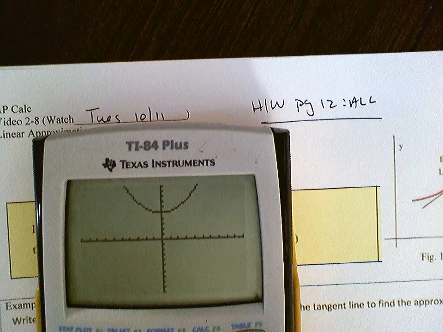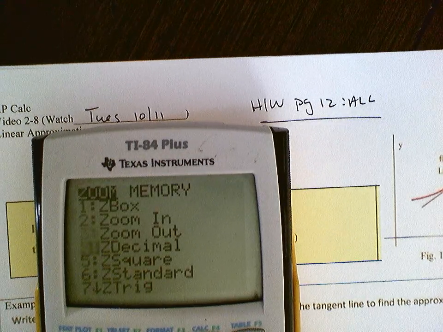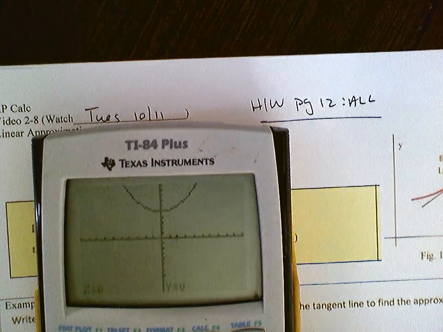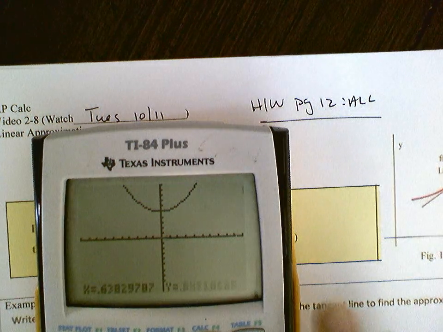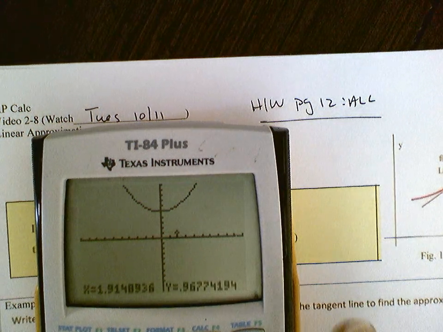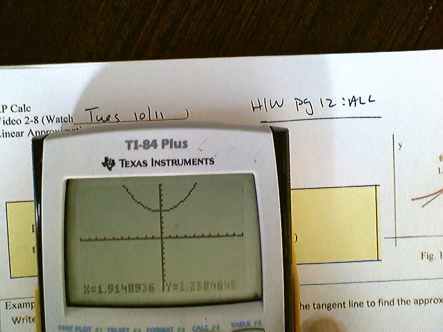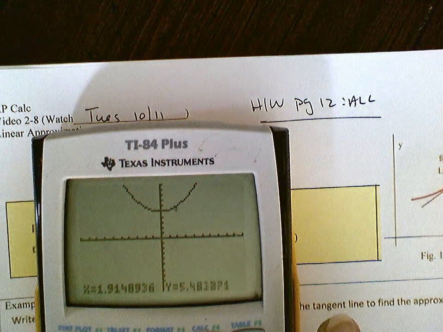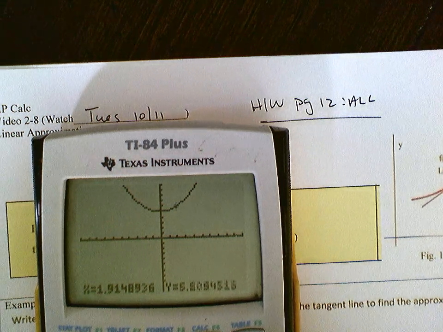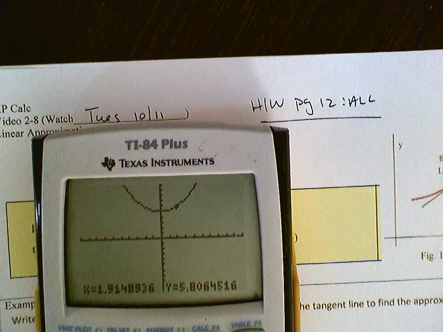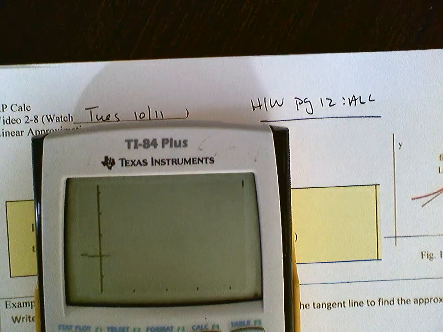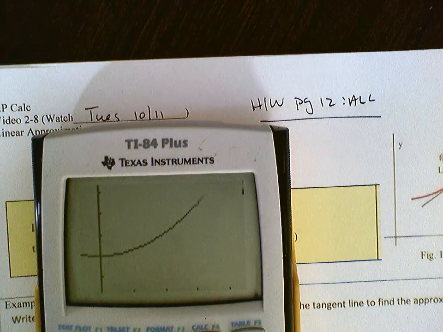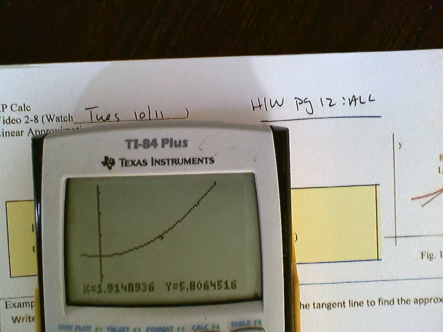So I'll zoom in, and so there's the x value, about the x value 2. Okay, so I'll zoom in on the curve around the x value 2. All right, so here I'm zooming in once. Okay, and I'll do it again.